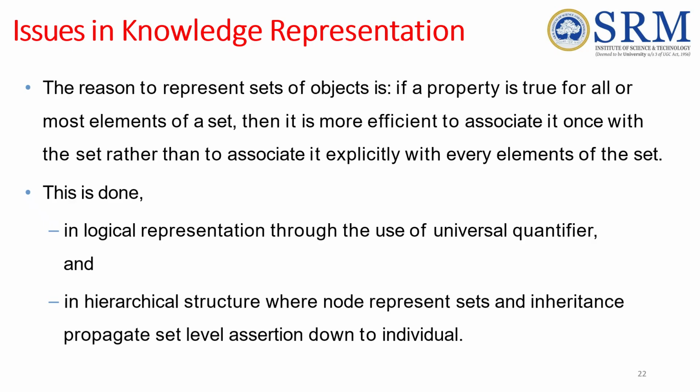This affects memory usage, redundancy, and complexity of the knowledge base. For example, all birds have wings. Sparrow has wings, parrot has wings, pigeon has wings, crow has wings. The same fact must be stored for each and every bird. With set representation, birds have wings, and this property is stored only once for the set bird. Any individual bird automatically inherits this property.